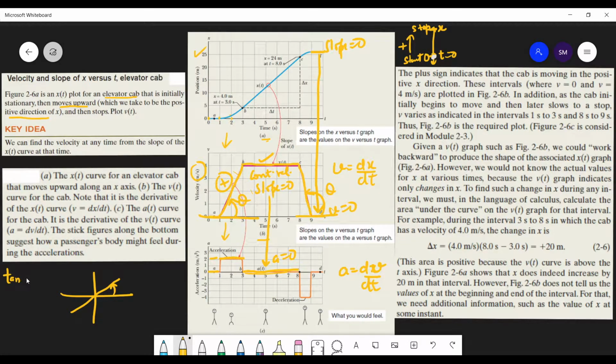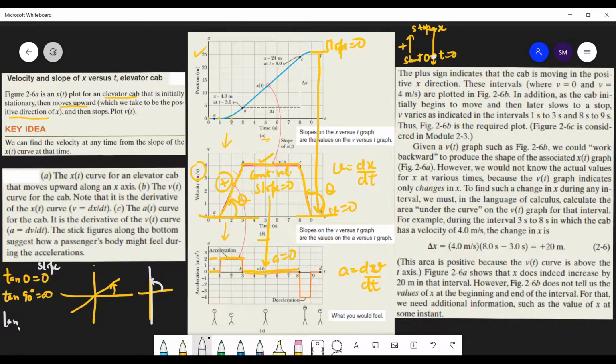Tan 0 equals 0. Tan 90 degrees equals infinity. So the slope of a vertical line will be infinity if the angle is 90 degrees.